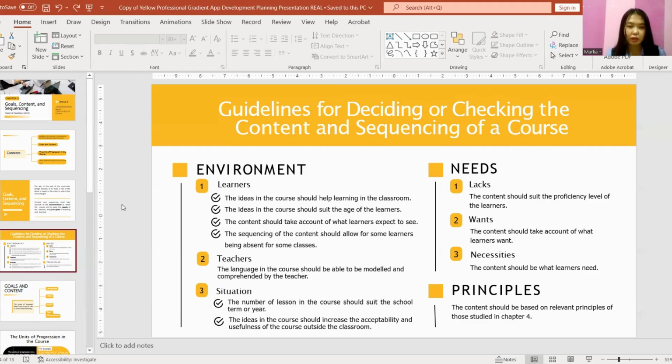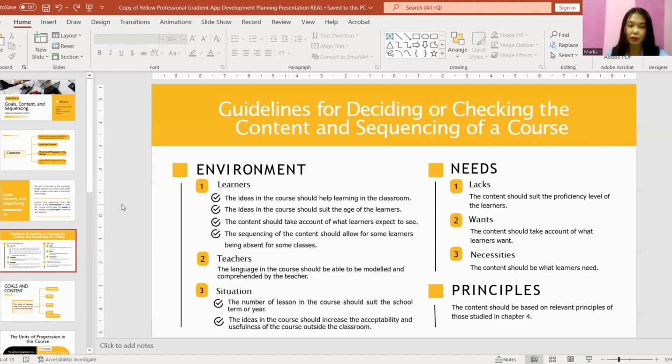Next, the content should take account of what learners expect to see, and the sequencing of the content should allow for some learners being absent for some classes. So it means that if the students are absent or cannot attend the classroom, they will not miss the material.